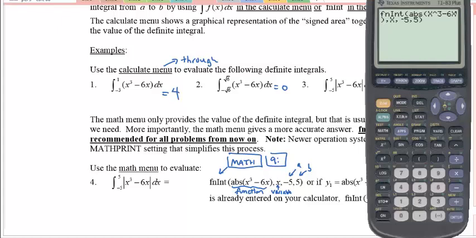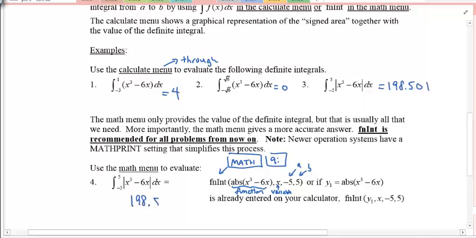There we go. 198.500. Just to let you know, this math menu gives a more accurate answer because it's not using a graph to approximate. So I would prefer if you actually use this method here to do these calculations if I ever ask you with the calculator.